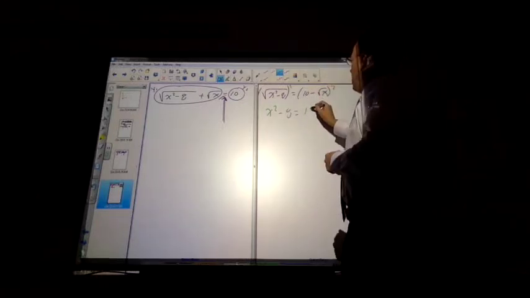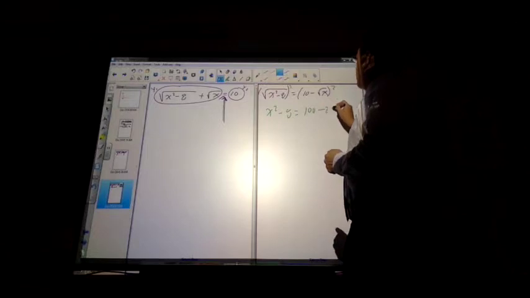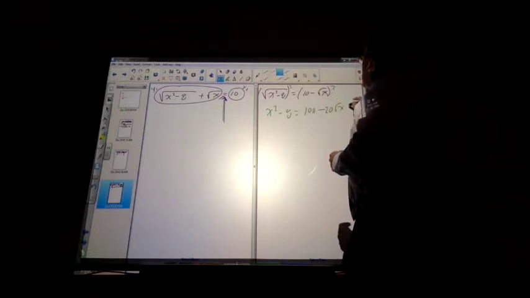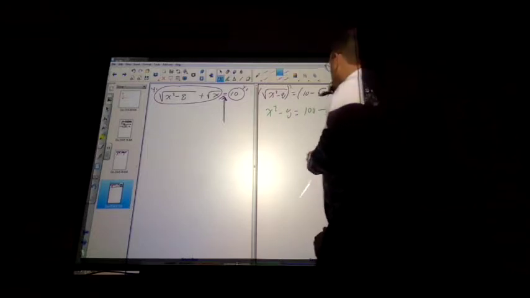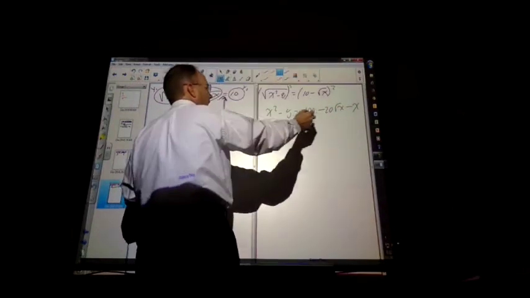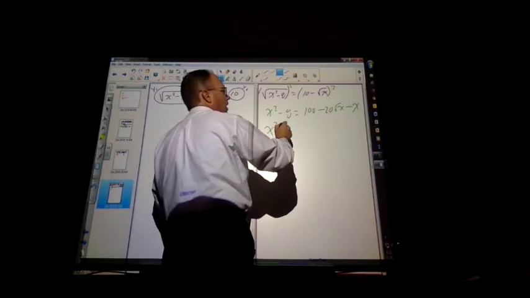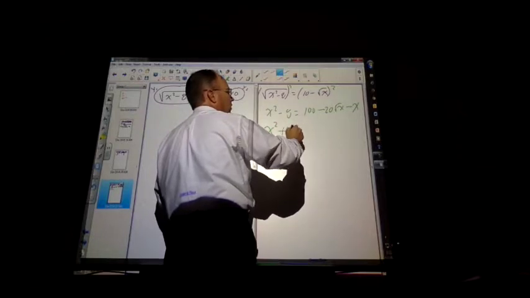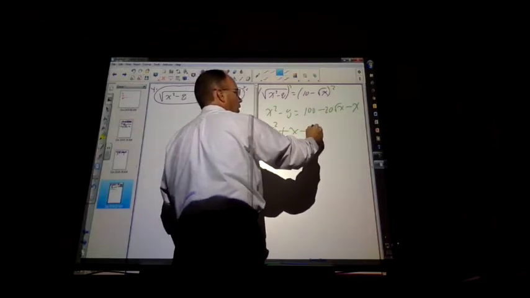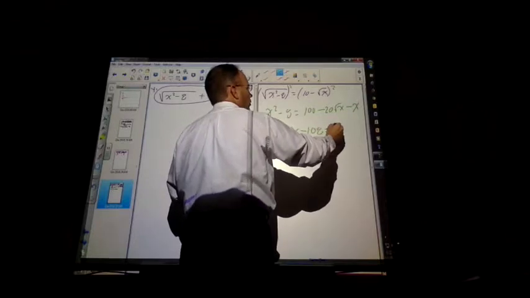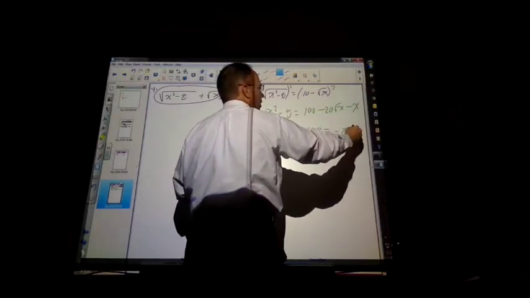It's going to give me 100 minus 20 root x minus x. And then I have to try and finagle things around to make it work. So x squared plus x, move the 100 over, minus 108 equals negative 20 root x.